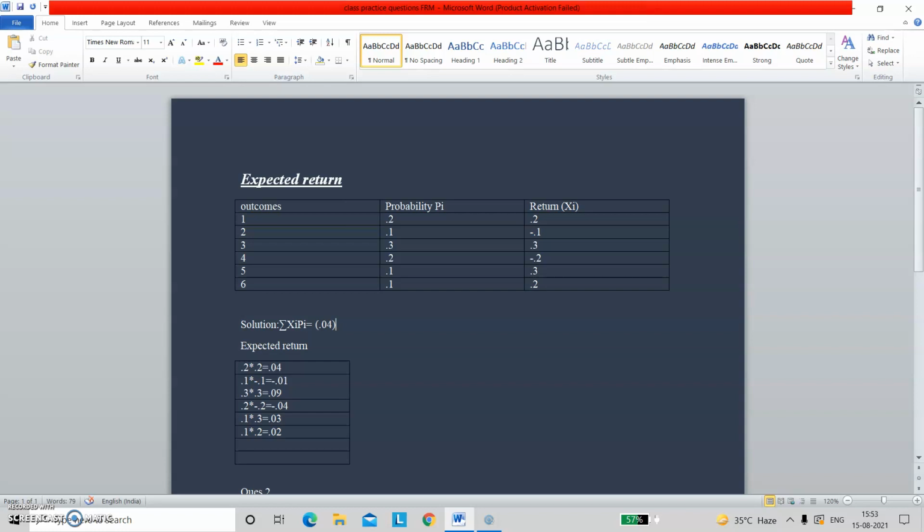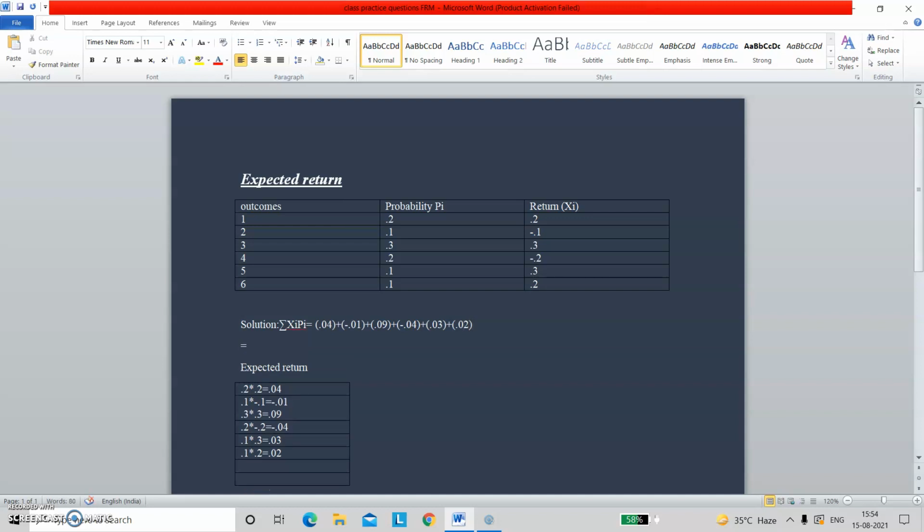So 0.04 plus, in brackets, minus 0.01, then 0.09, then minus 0.04, then 0.03, and last 0.02, right?